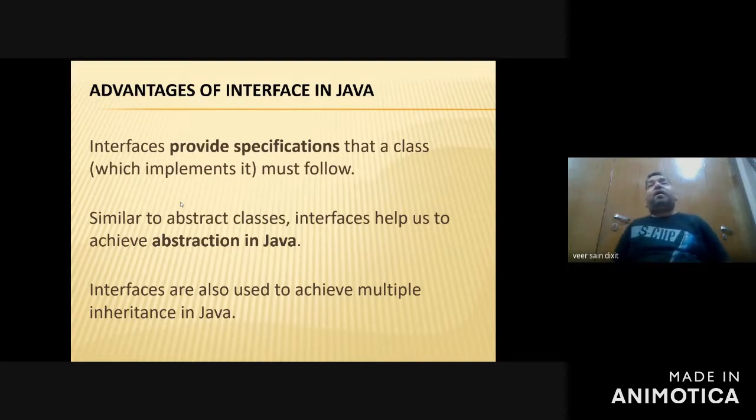What is the problem? In the last class I told you the example. I took the example of grandparent and parents. Suppose there is a superclass grandparent and two subclasses, parent 1 and parent 2. That is hierarchical inheritance.